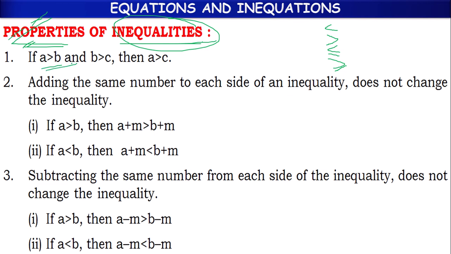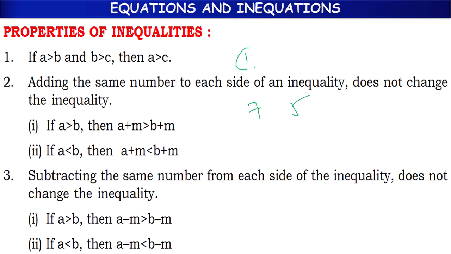If A is greater than B, B greater than C, then A will be greater than C. This means when we are comparing three terms, suppose the first two terms are, let it be, 7 and 5.